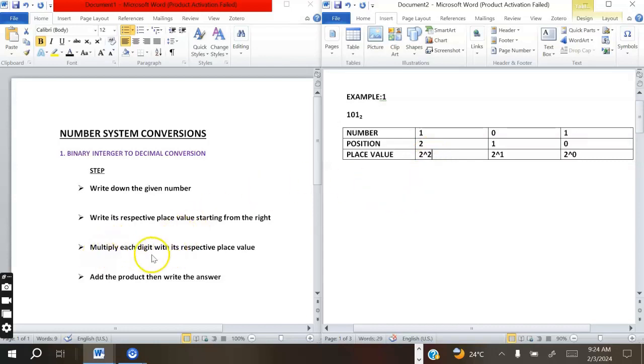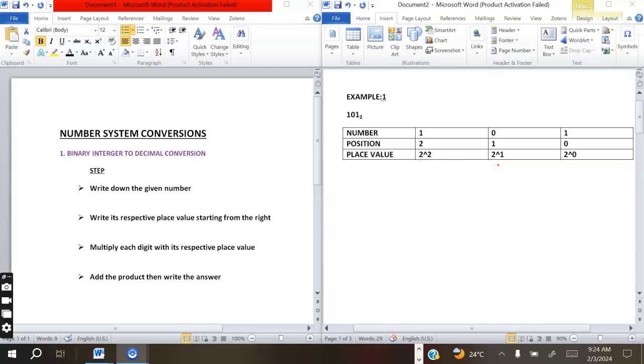Then after that, you multiply each digit with its respective place value. 2 raised to power 2, this is 4.